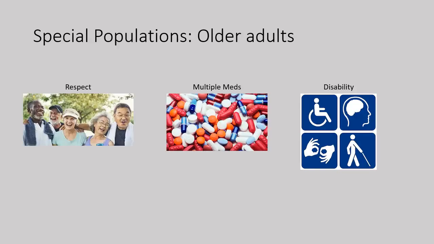Some other considerations in your patient assessment are special populations like our older adults. Respect your elders. Your parents should have taught you that a long time ago when you were a little kid. So respect, respect, respect. Take into consideration that they have comorbidities and they can be on multiple medications.